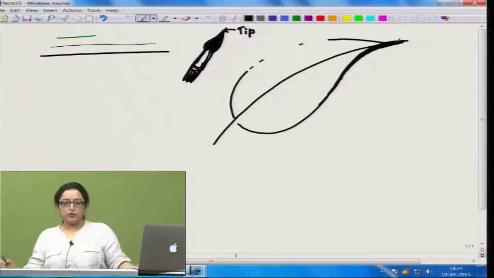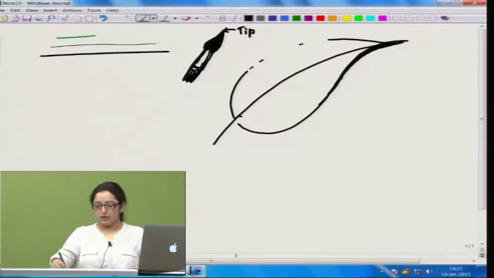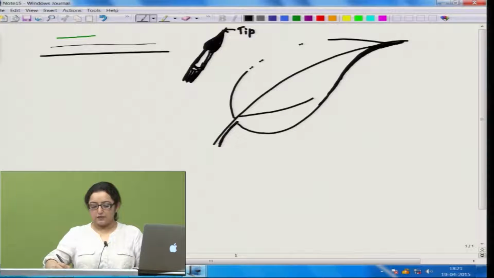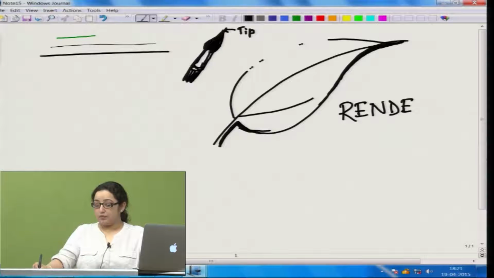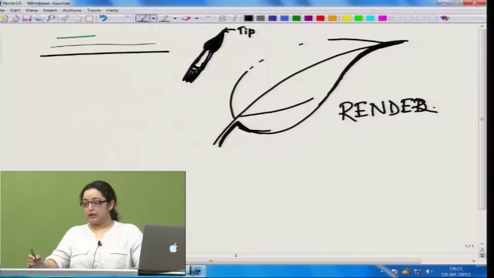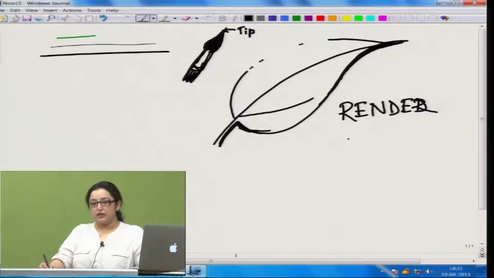So, that is one way of creating a rendering, that we have certain areas dark, some areas not so dark. In a way we render and create variation in line.